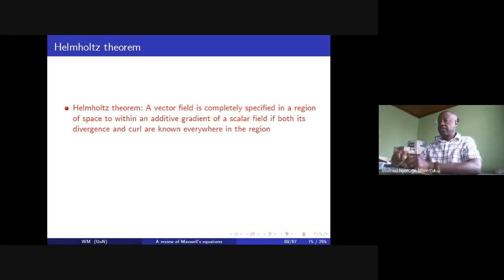The reason why we are talking about the gradient of a scalar field is because if we take the curl of the gradient of a scalar field, that is going to be equal to 0. And therefore, we can always specify a vector and add to it a gradient of an arbitrary scalar field for that region.